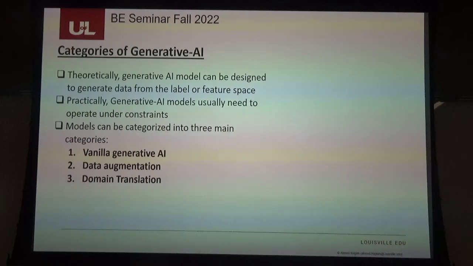In terms of the types of generative AI, the concept of generating from the label, from the concept directly to the data, is kind of hard. That is what can be seen as vanilla generative AI, the most basic generative AI, where we just give the AI model a code, and the model should be able to generate the whole thing. And that's very hard, even for us as humans.